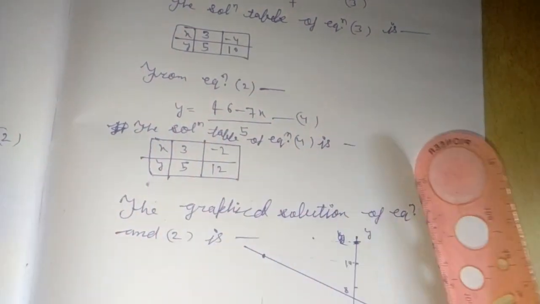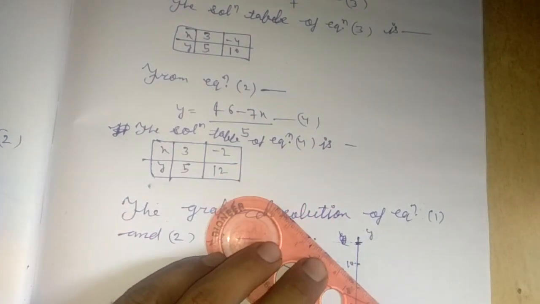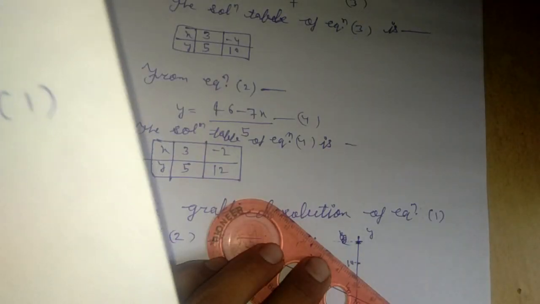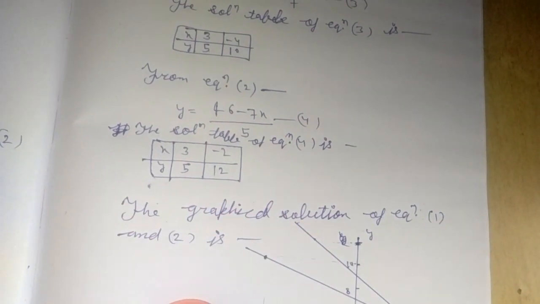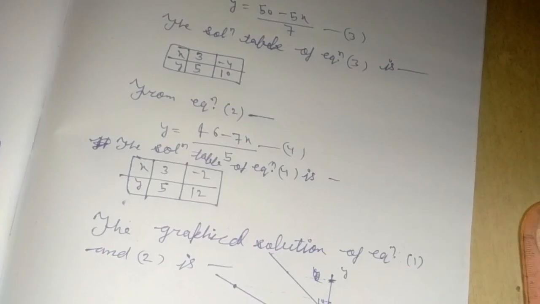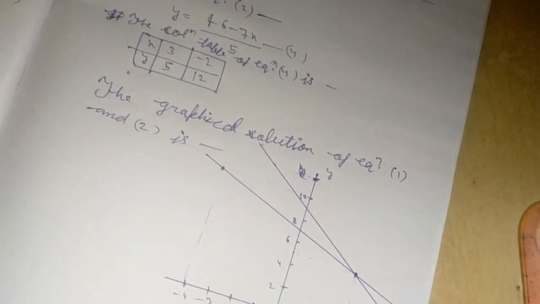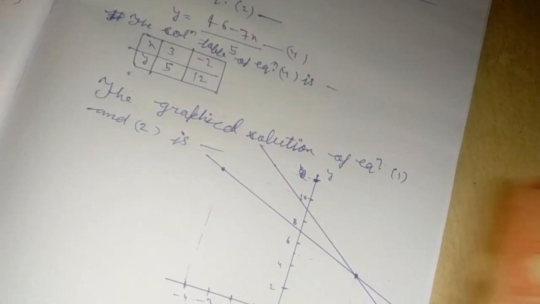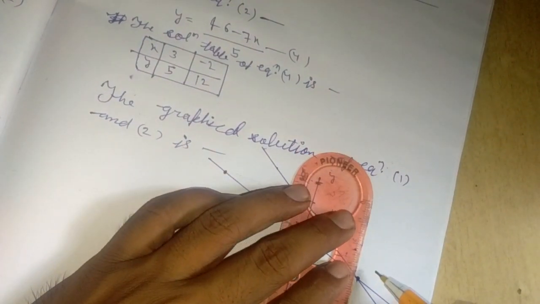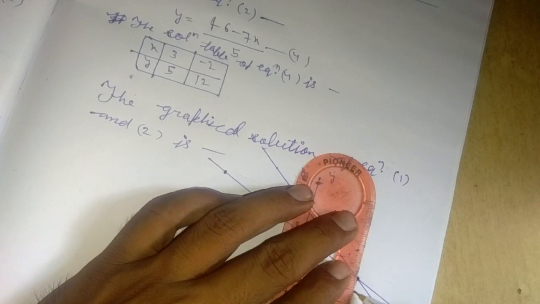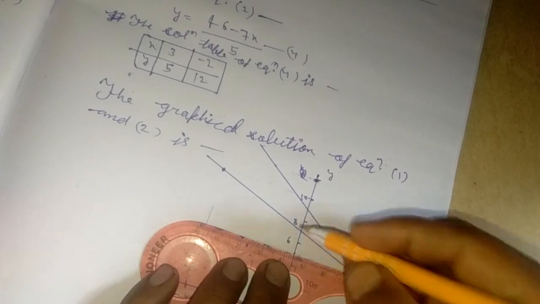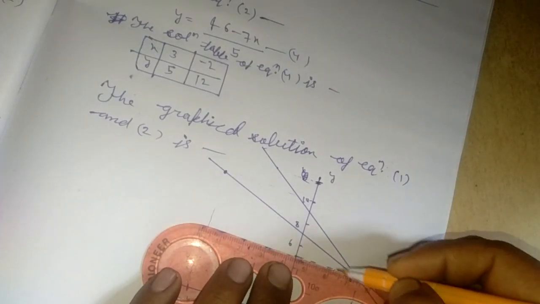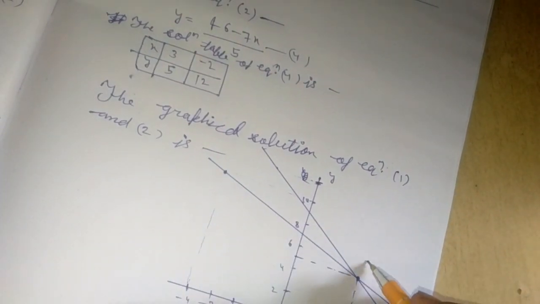Okay, we join these two. Now we draw perpendiculars from the intersection point of the two lines on the x-axis and also on the y-axis. So we get the point as 3 comma 5.